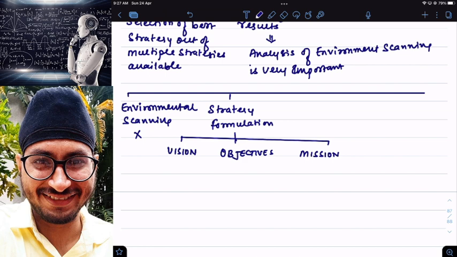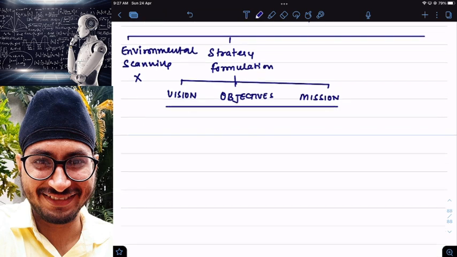Now what exactly do we mean by strategy formulation? Strategy formulation is a process.